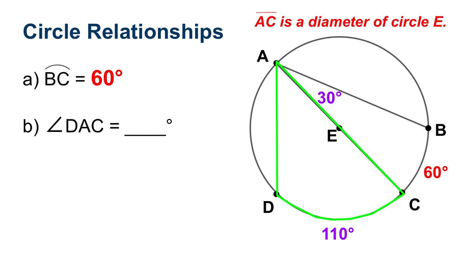Notice that I added the 110 degree arc onto the picture here to help us calculate this. If I know that the arc from D to C is 110, to figure out how big the angle is, I'm just going to do half of it. So if I do 110 and divide it by 2, I get 55 degrees for that angle.